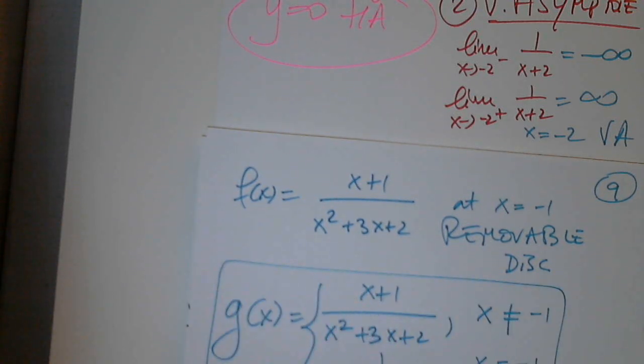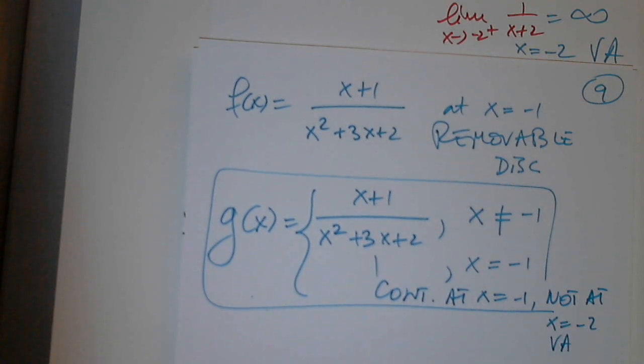So I'm going to write continuous at x equals negative 1, not at x equals negative 2, where it has a vertical asymptote. Is this clear? Do you understand the mechanism of removing a removable discontinuity? I just have to create a new function and create that point that is missing from the previous function. Perfect. Anything else?